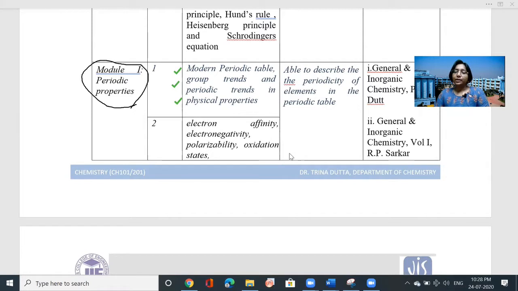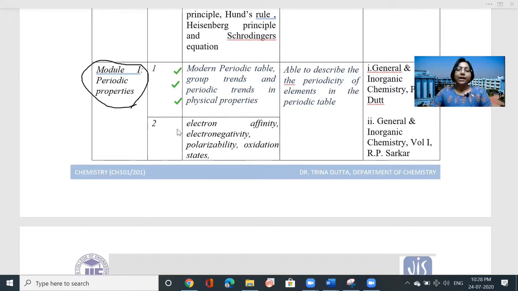There were different theories like the triad theory, where the average of the first and third gave the atomic mass of the second one. First the periodic table was made based on atomic mass, later based on atomic number.